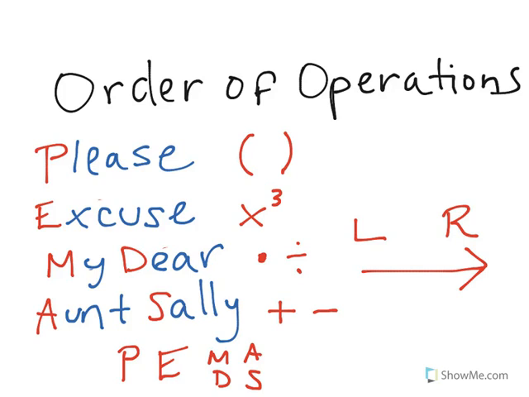That's the same thing with addition and subtraction, which comes after multiplication and division. We work our way from left to right on whether we do addition or subtraction first. So I've had students in the past say PEMDAS, and that would stand for parentheses, exponents, multiplication, division, addition, and subtraction. So let's solve a problem using orders of operations.